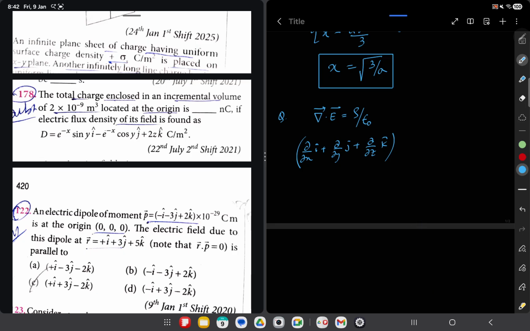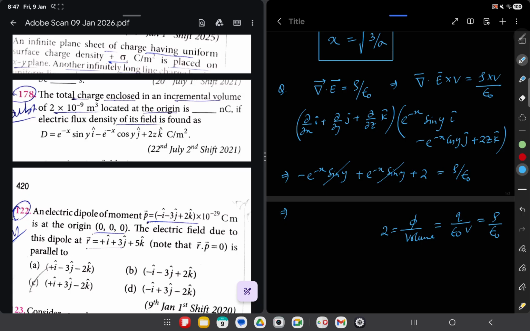So from here you can easily write, if you multiply with volume, you are getting E into V. In the question, the electric flux density of its field is given to you, and you need to find out the Q. If you solve this one, this is called the gradient function.